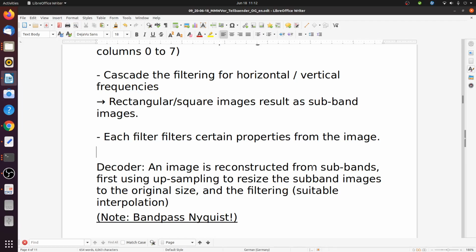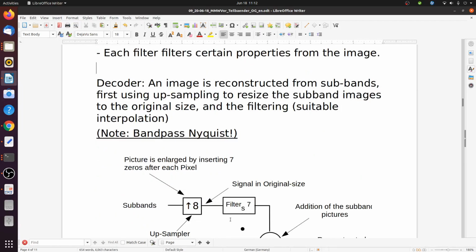The image is reconstructed from the subbands, first using upsampling as opposed to downsampling to resize the subband images back to the original size, and then filtering, which can be interpreted as interpolation. This can also be seen by using the bandpass Nyquist theorem. If we have 1/n of the bandwidth, we can represent a signal by 1/n of the sampling rate and still be able to reconstruct it.